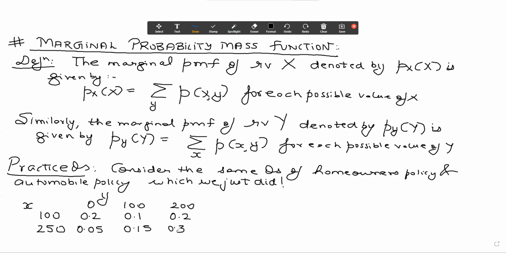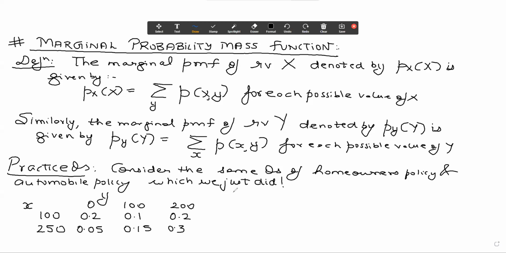These were my probabilities. You can see that their sum is equal to 1. 0.2 plus 0.1 is 0.3, 0.5, 0.55, 0.55 plus 0.15, 0.7, and 0.7 plus 0.3, 1. Now let's find the marginal probability mass function of X.